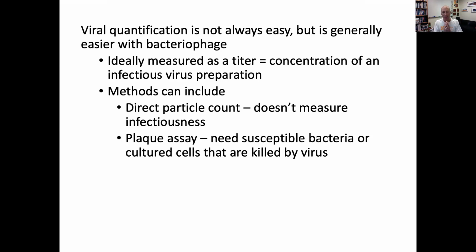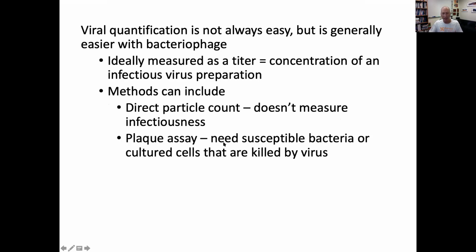So this isn't necessarily the same as the total concentration of viral particles. It's the number of infectious virus particles, right? So the methods can include ways of counting the total number of viral particles, if you have a way of doing that. For example, if you have fluorescent antibodies, so you can light them up in a microscope, that kind of thing. Or you can do a functional assay, like we were just saying, a plaque assay.